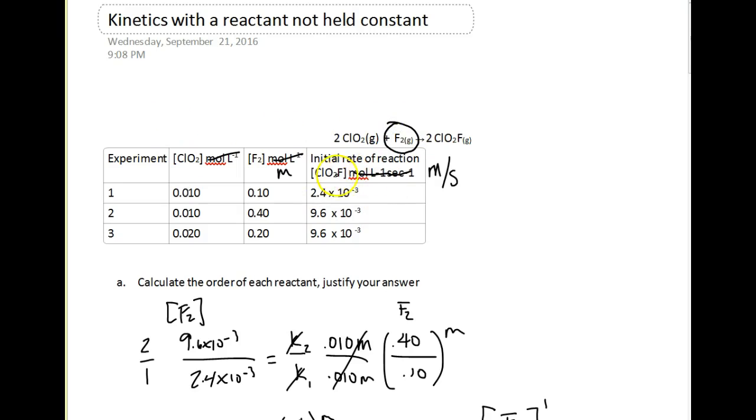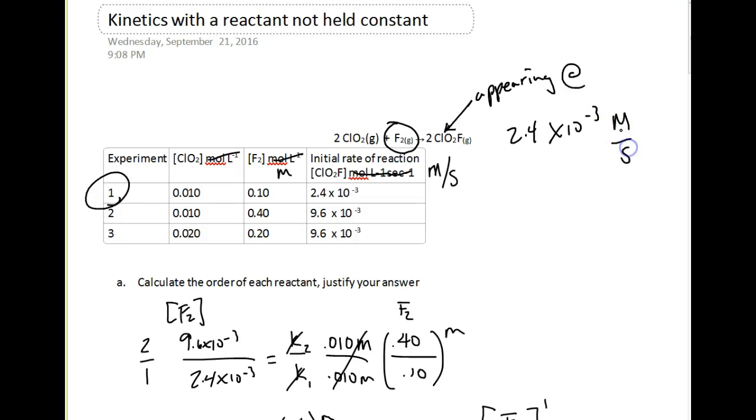What we're given is the rate of appearance of the ClO2F. So in experiment 1, ClO2F is appearing at 2.4 times 10 to the negative third molar per second. Okay, so that's the rate of appearance.